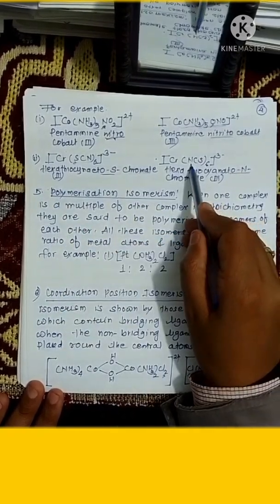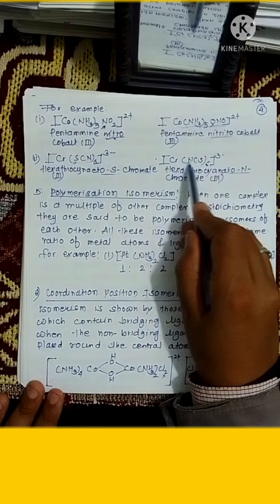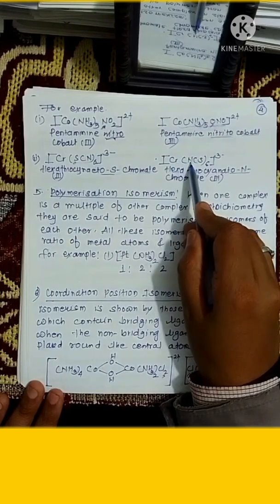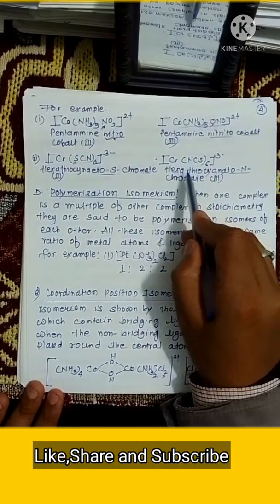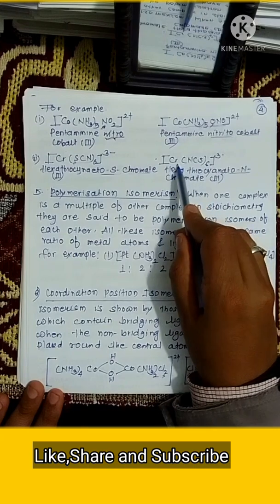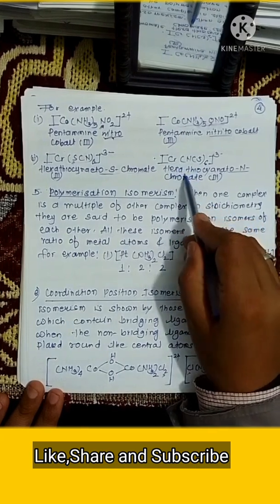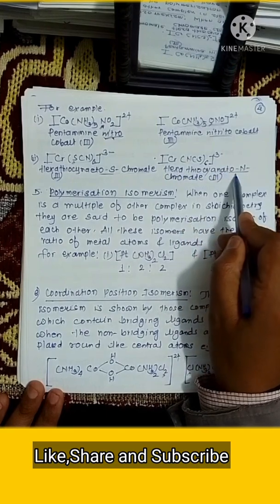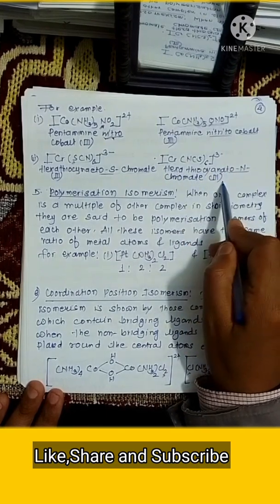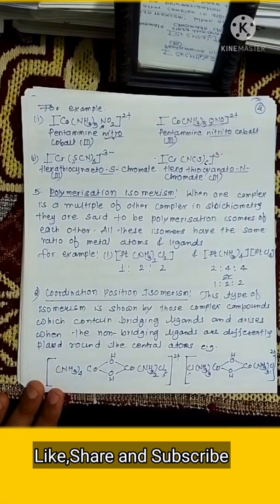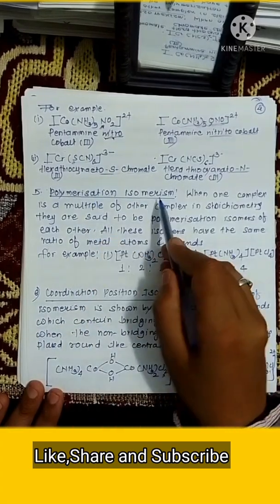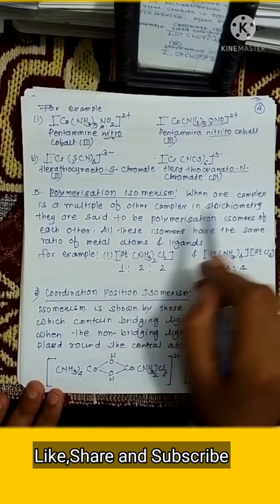While in this case we see that the central metal atom is joined through nitrogen. So the name of this compound is hexathiocyanato-N-chromate(III).